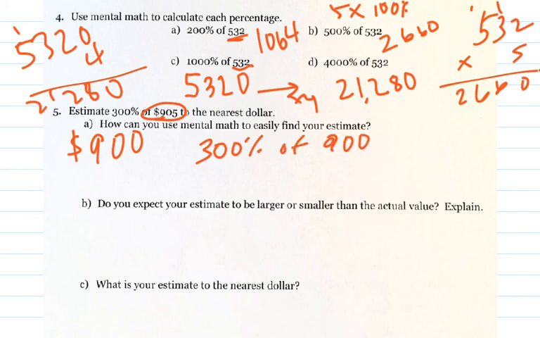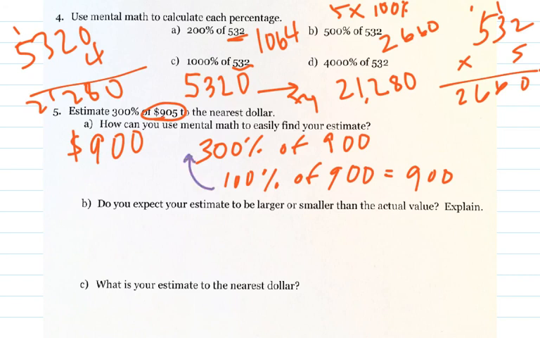Well, we know that 100% of 900 is equal to 900. So if I want 300%, to go from 100 to 300, that's 3 times bigger. So I just have to multiply this times 3. 900 times 3 is 2,700. Okay, so my estimate, do I expect it to be larger or smaller than the actual value?